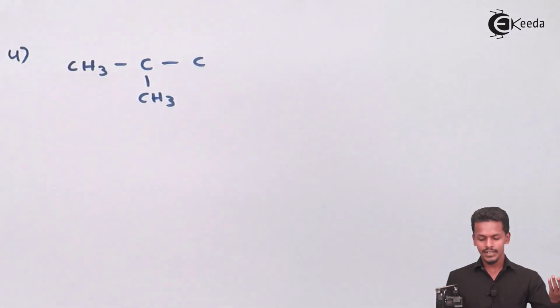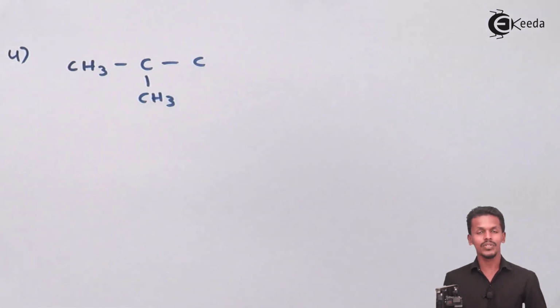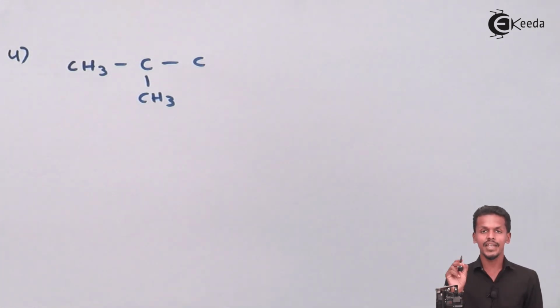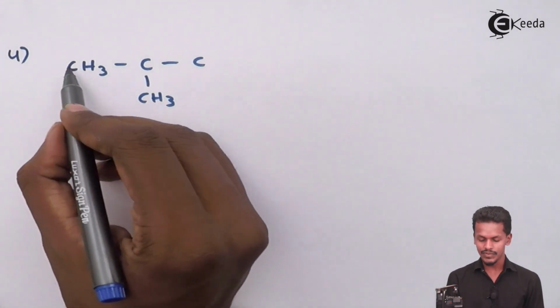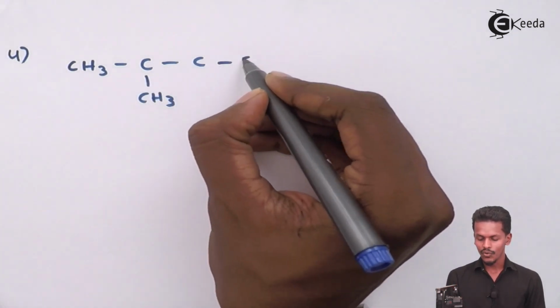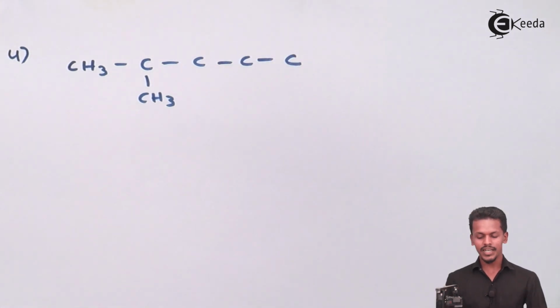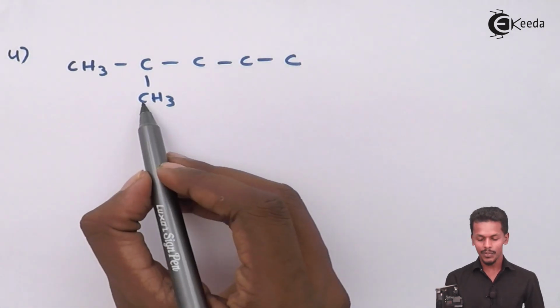But in the last two, the isomer number 2 and isomer number 3, we made 6 carbon atoms in a straight chain, and now we are going to draw 5 carbon atoms in a straight chain. For that we get this format: 1, 2, 3, 4, 5 carbon atoms are in a straight chain, and this would be the 6th carbon atom.